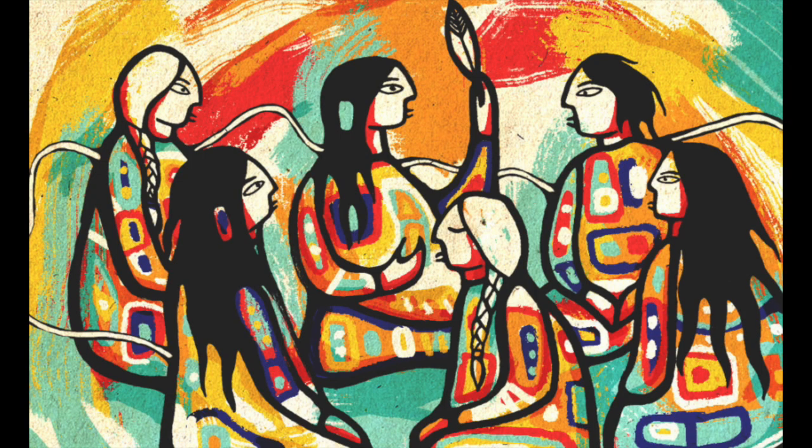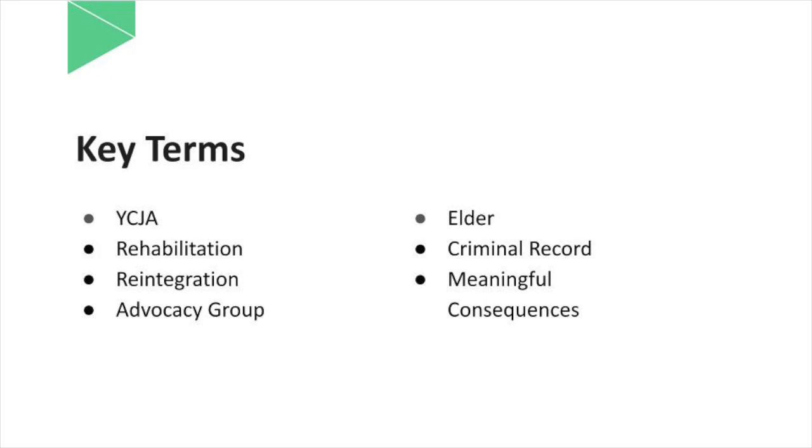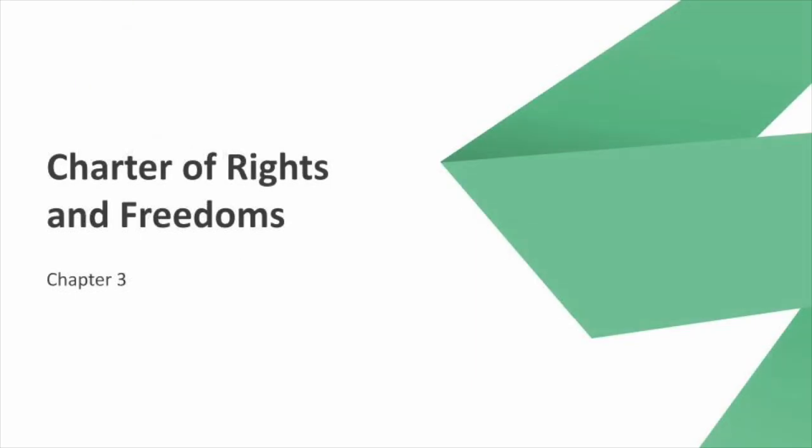In Indigenous communities, elders often guide sentencing through traditional practices and healing circles. The key concepts from Section 2 are the YCJA, so the Youth Criminal Justice Act, rehabilitation, reintegration, advocacy group, elder, criminal record, meaningful consequences.